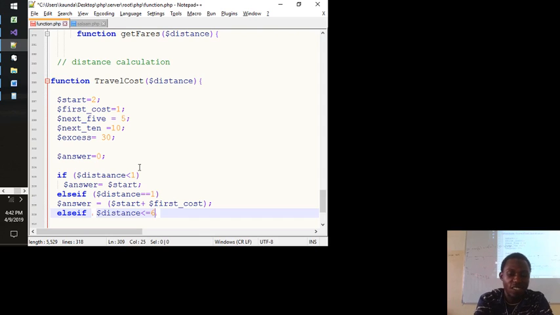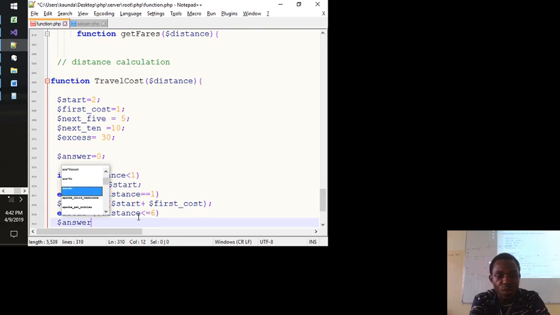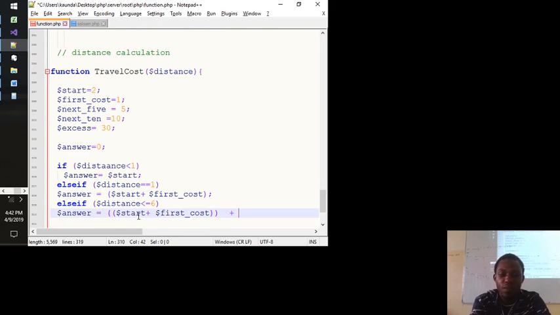If it is this, the person will pay separately for the first one, and then he will pay 5 cedi for the remaining. So this will be for the first 1 kilometer because the person will also pay the constant. So we have answer is equal to the fixed price and the first 1 kilometer, plus whatever is remaining, which will be 6 minus 1.